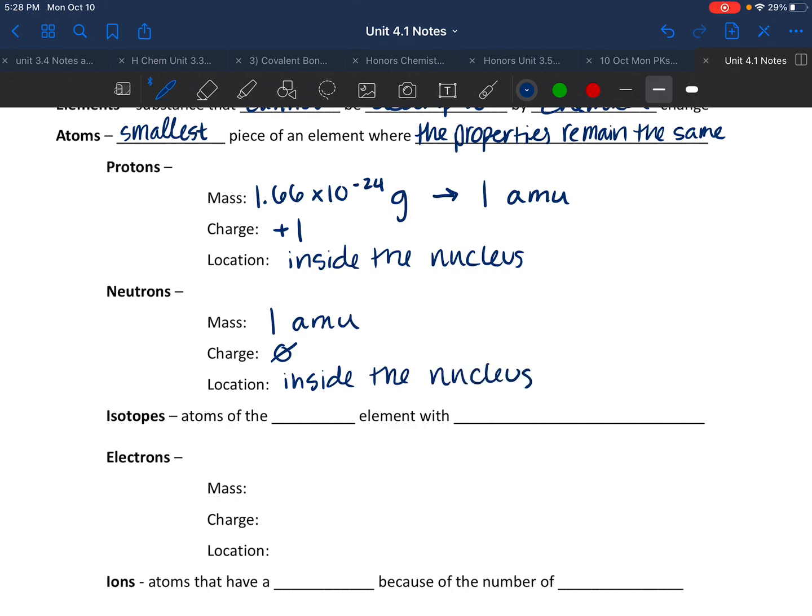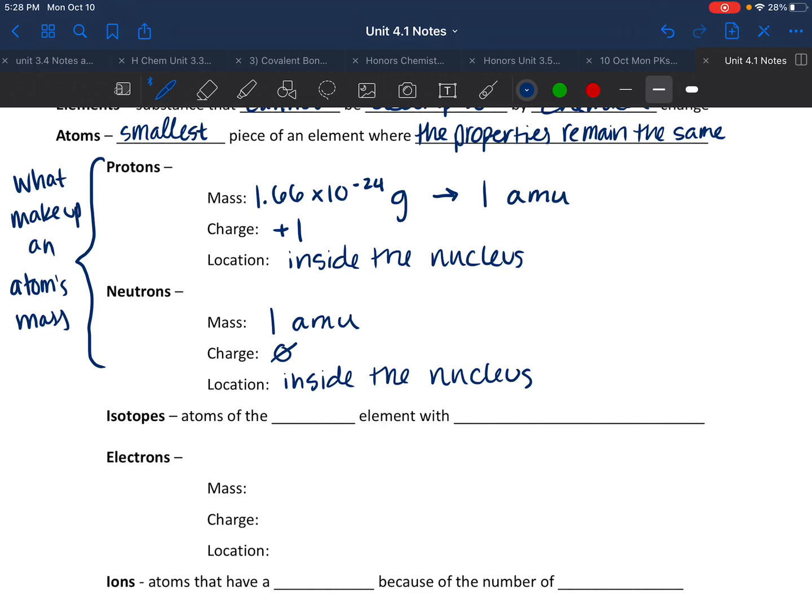So these two subatomic particles, these are what make up an atom's mass, because these are the only two out of the three that have a mass to contribute. And so we'll talk about isotopes.